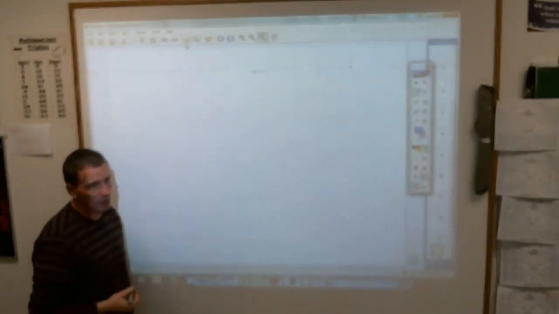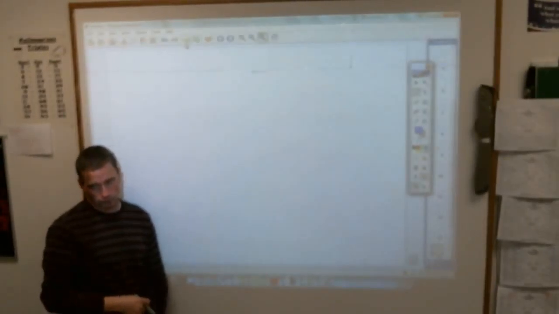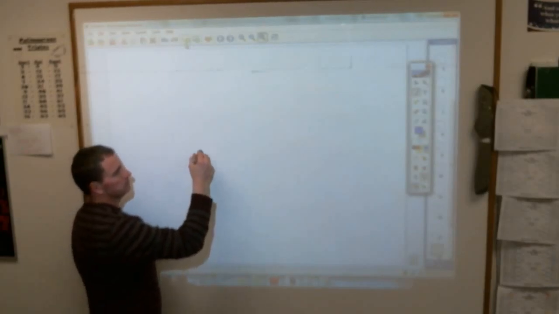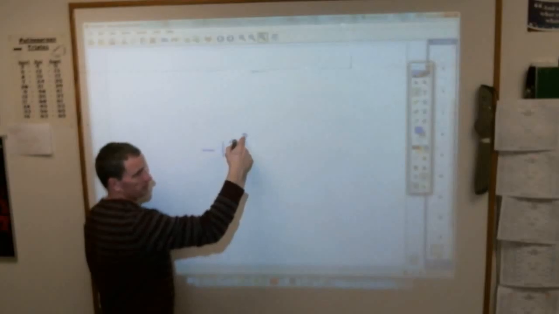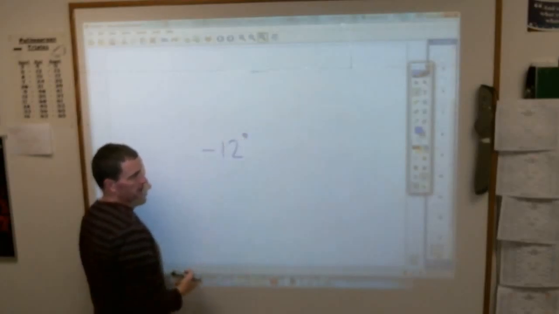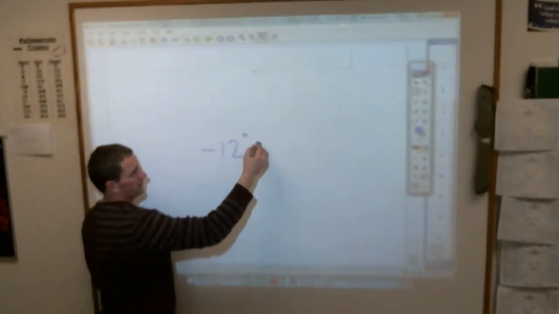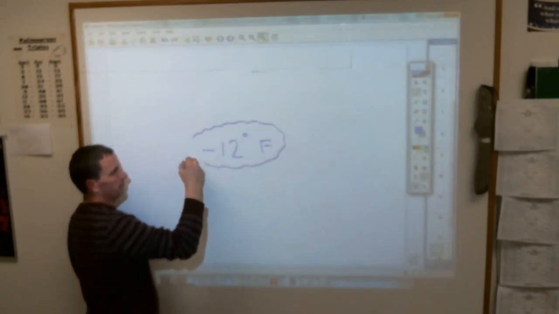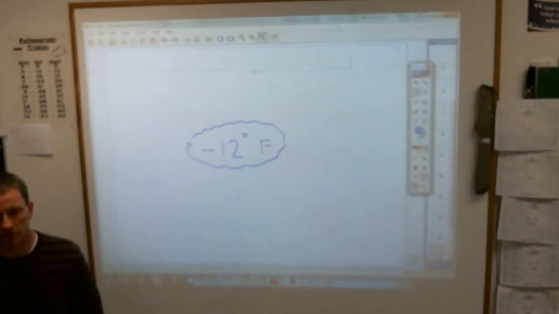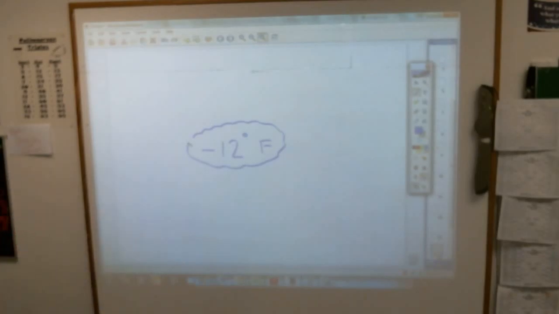How would you write 12 degrees below zero, Bryce? -12 degrees. Right, make sure you put the little circle there for the degrees. And then you'd have to put the letter F, because there's a big difference between 12 degrees below Fahrenheit and 12 degrees below Celsius. Which one would be colder?